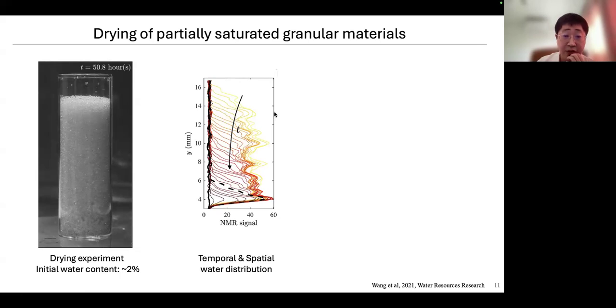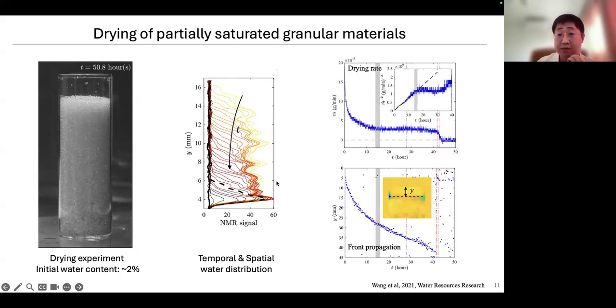And then we went on to other experiments, like using nuclear magnetic resonance to evaluate the spatial and temporal distribution of the liquid, as well as plotting the drying rate as a function of time. Initially it's a diffusion limited regime, and then after around 15 hours, as the propagating drying front is almost approaching the very bottom, we see an enhancement in drying rate.